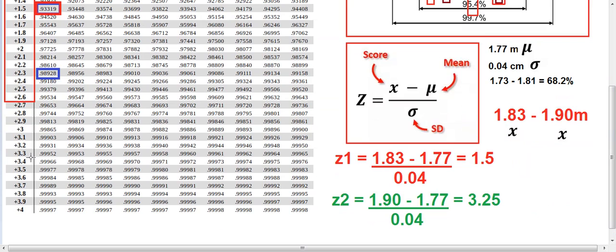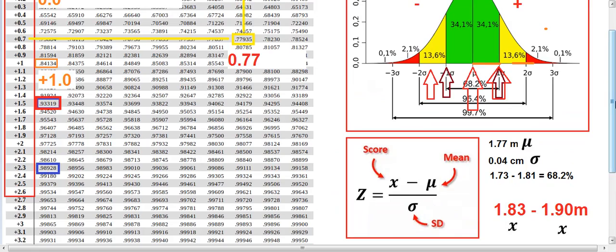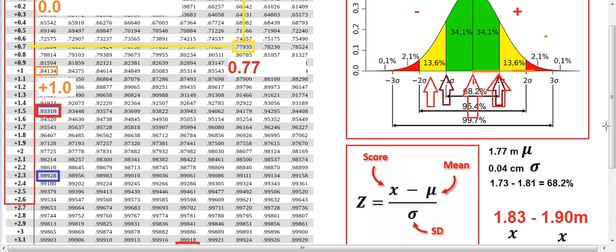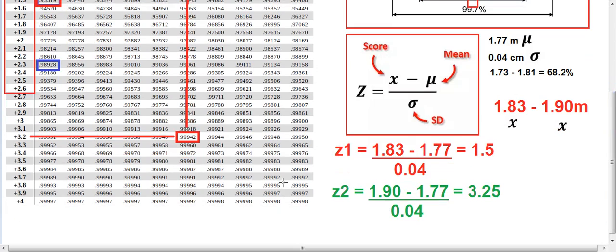So 3.2 is here, and now let's find 0.05, in this column. I read this line, 3.2, and also this column, which is 5 in the second decimal place. 3.25.